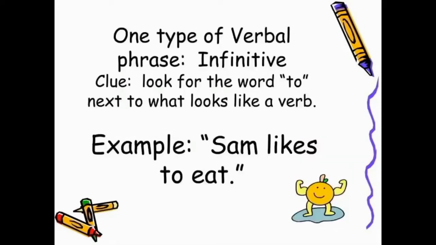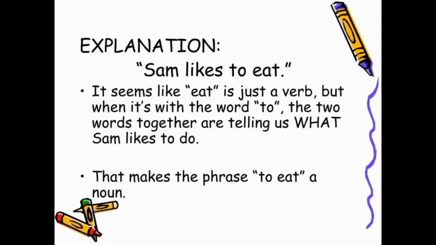First is infinitive phrase. It is the infinitive form of a verb plus any complements and modifiers. For example, Sam likes to eat. It seems that eat is just a verb, but when it's with the word to, the two words together are telling us what Sam likes to do. Another example, I want to bury the treasure quickly.